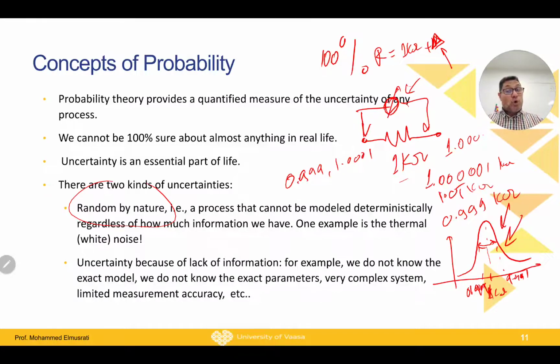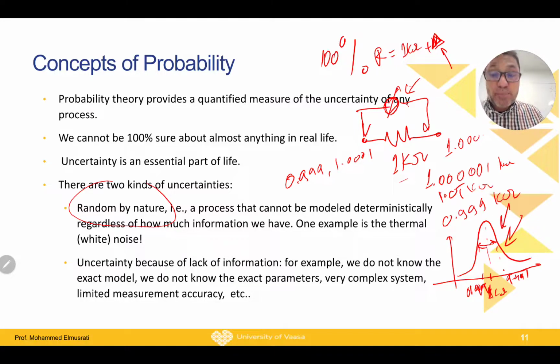But other people say that no, it is random by nature, mainly as in thermal noise or in quantum mechanics. They say that, for example, the location of an electron at any time can be represented as a random process, not because of lack of information, but by nature. So we cannot have the momentum and location at the same time.